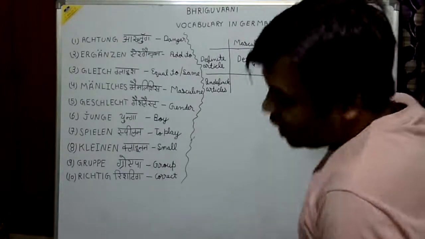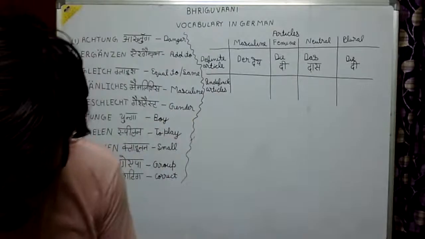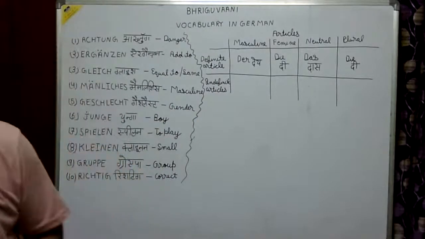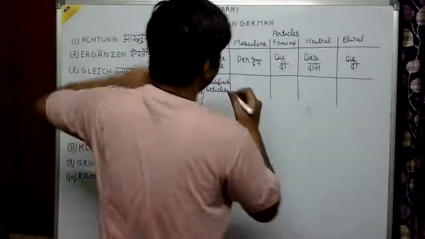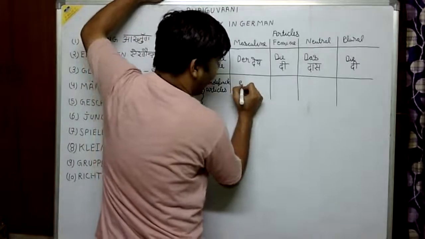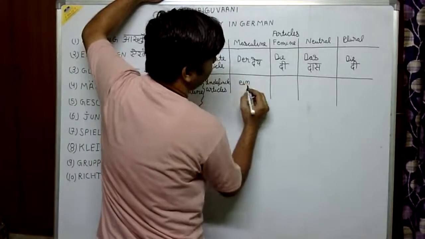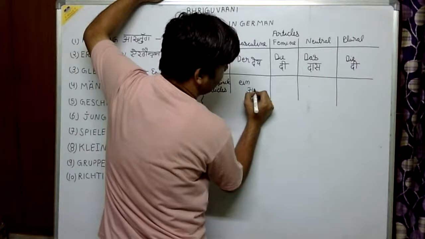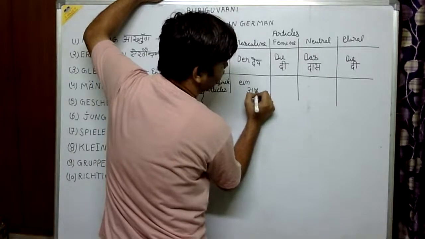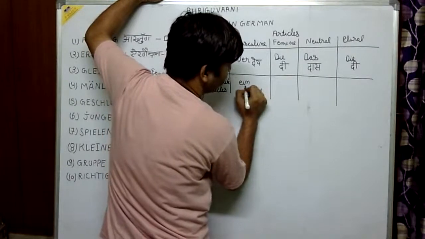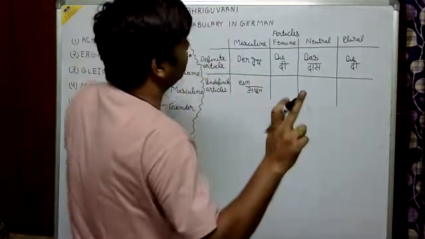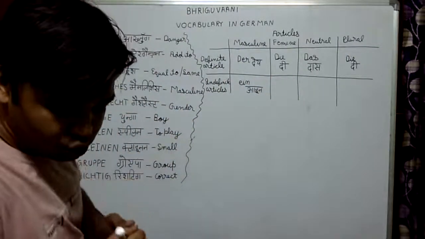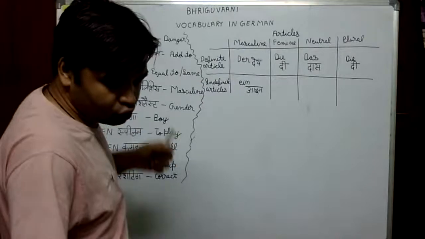Let's learn. For the case of masculine, we say ein. See, one thing, please look here. Just now I got to know my error.